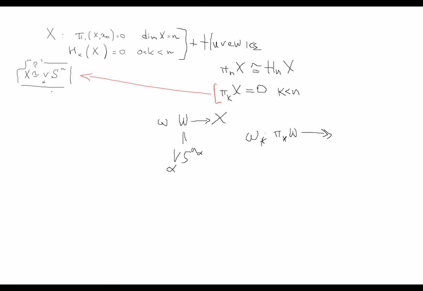Sorry. So once we know that, then we know that all of the spheres in W have to be n-spheres. Maybe not.